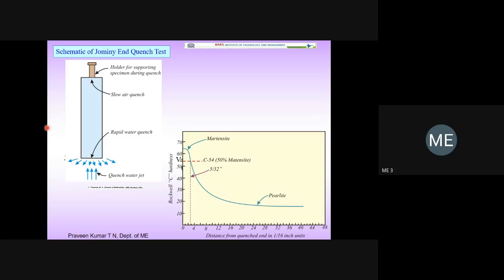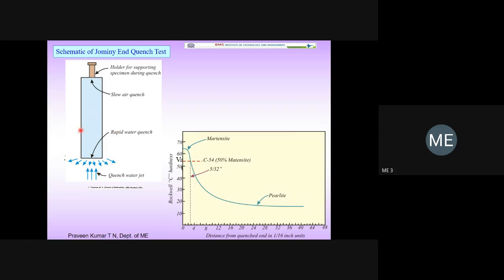Then the complete material is transformed from pearlite to austenite. Austenite is nothing but your alpha iron transformed to austenite. The complete phase. Imagine this is a heated specimen. You heat above 727 degrees Celsius, subject to the condition that this particular specimen has eutectoid composition.